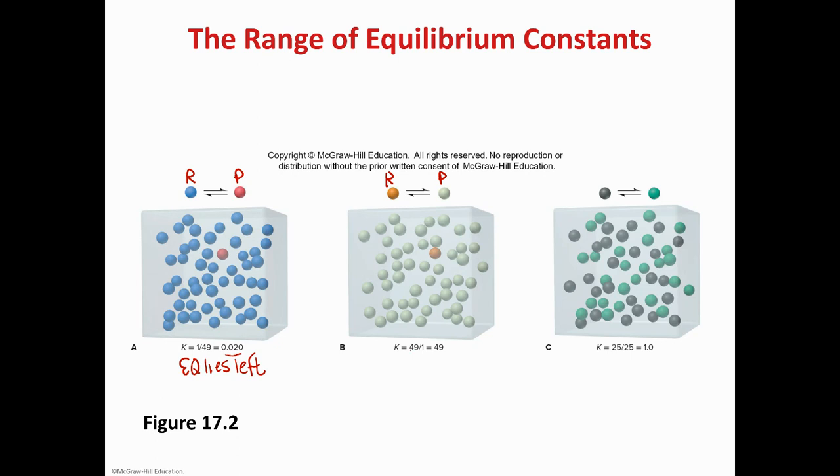So in this case, the equilibrium lies to the right. Okay, now there was this other scenario, and let me write in our K's here. So K would be, again, concentration of product over concentration of reactant.